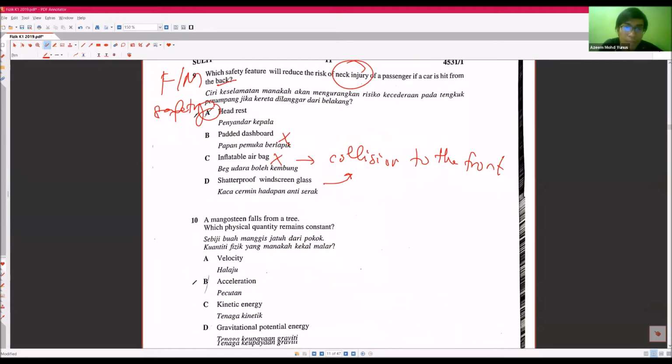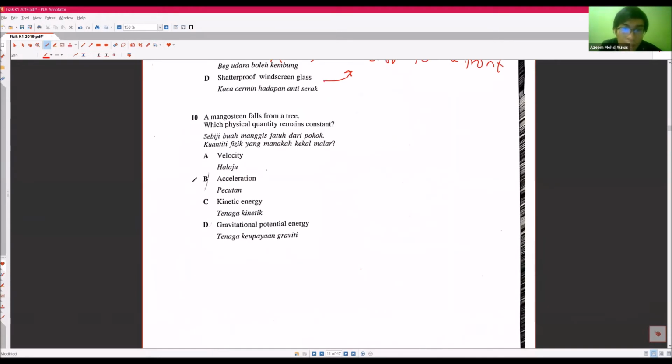Number 10, a mangosteen falls from a tree. Which physical quantity remains constant? So this is force and motion, free fall. The physical quantity that remains constant is basically gravitational acceleration.